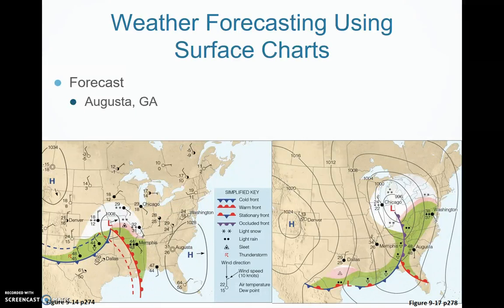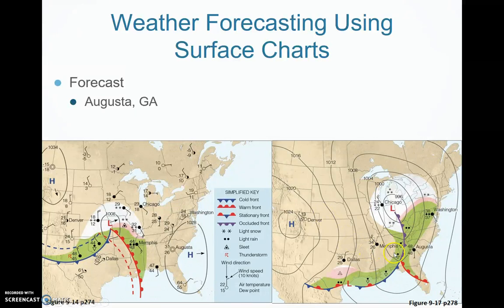Then the cloud layer will gradually get lower and lower. And then it'll start off with perhaps a little bit of snowfall. Probably not snow as far south as Augusta, but it's possible. And then perhaps some sleet and some freezing rain. And then just before the front hits, some fog.